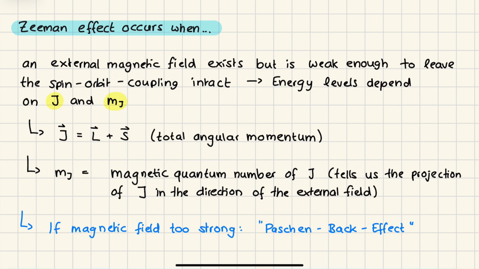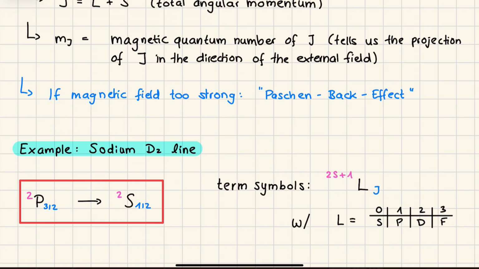So for the Zeeman effect, we need a magnetic field, but it has to be weak enough to leave this coupling intact. As our example for this video, I have chosen the sodium D2 line. That line is emitted by this transition right here, from ²P3/2 to ²S1/2.